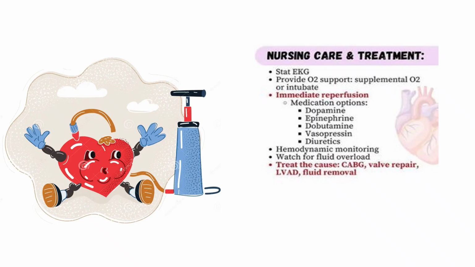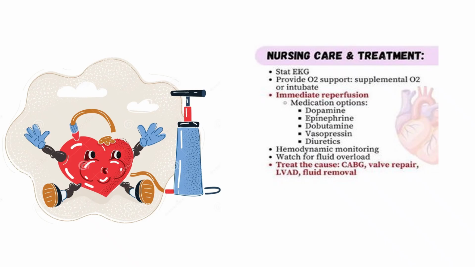And we said that with cardiogenic shock, you're having a pump failure. And because of this, this can lead to volume overload. So sometimes you may need to administer diuretics.